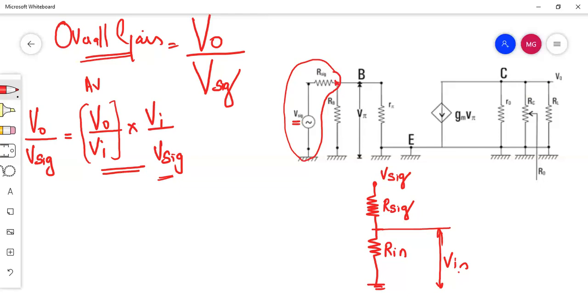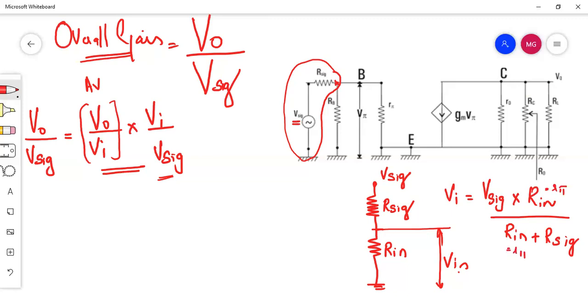So what will be V input or Vi? From the voltage division rule, I can write it is V signal into R input divided by R input plus R signal. And what is this R input? We already reduced the input impedance, that is R pi. So Vi equals V signal into R pi divided by R pi plus R signal.